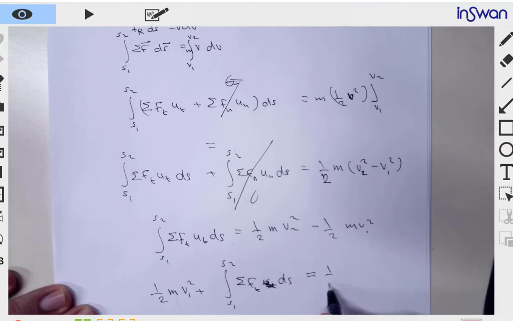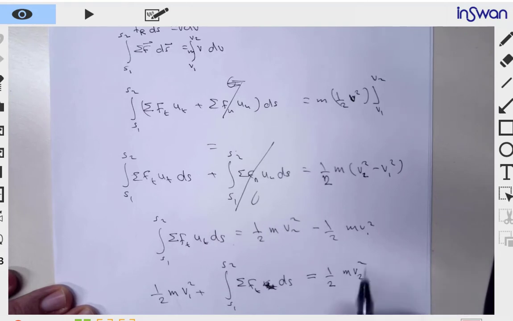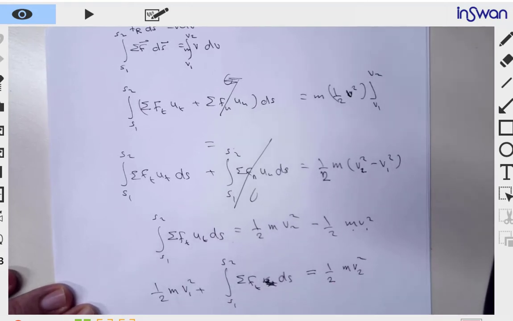half m v2 square. So I just move this over here. Okay. All right. So I'm going to call this T1. I'm going to call this U, summation of all. I can take the summation outside.